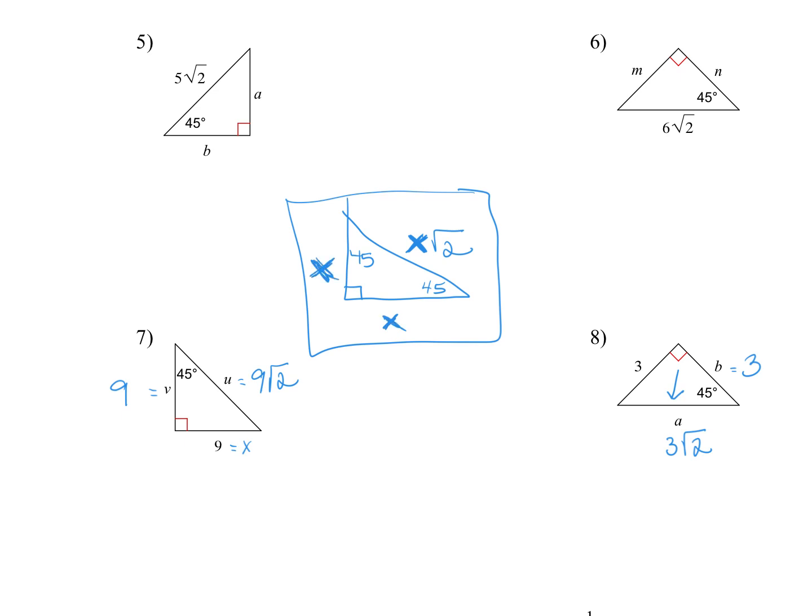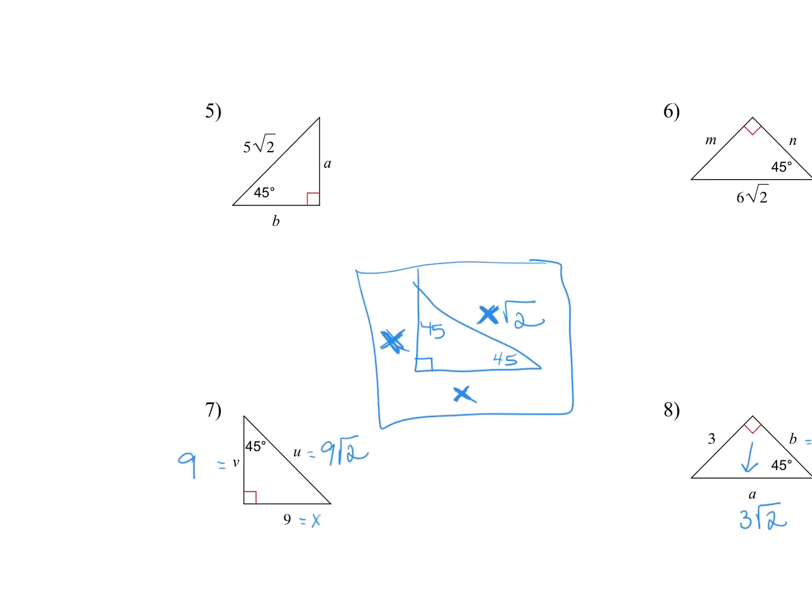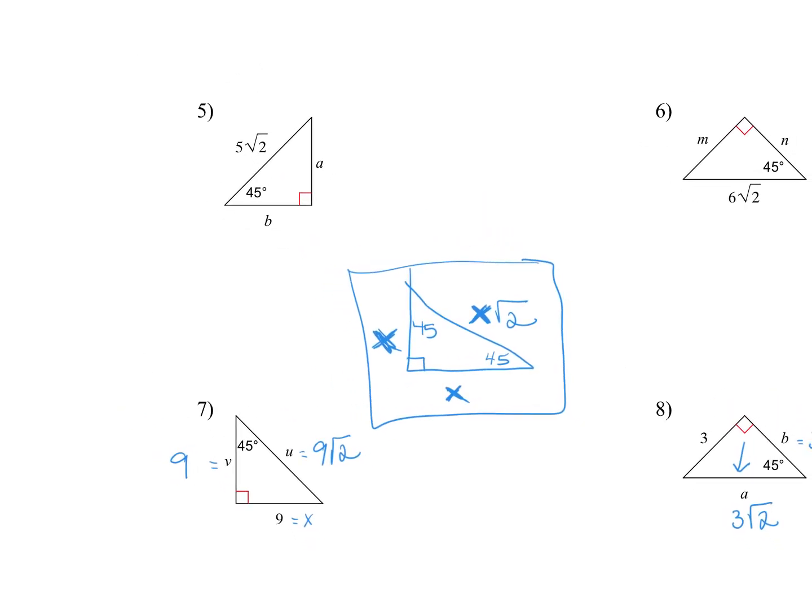This means you do not have to go through solving Pythagoras' theorem. Now, for number 5, we're given the length of the hypotenuse. Now remember that the number in front of the square root of 2 is the length of the leg. So each of these legs are equal to 5.